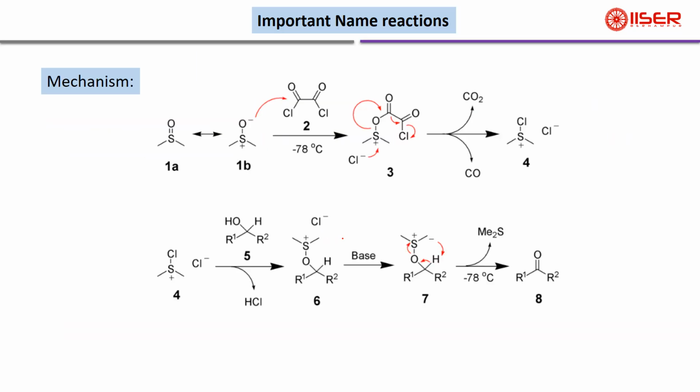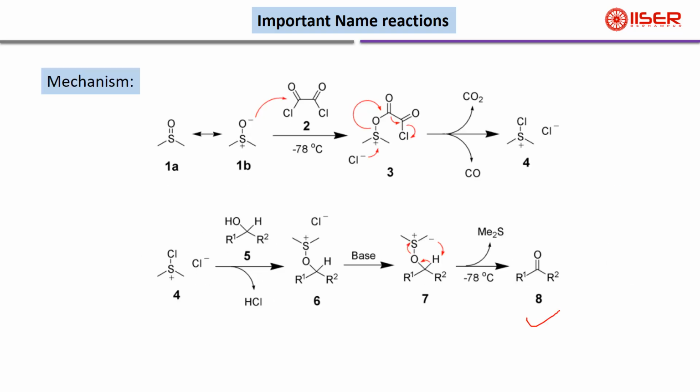So this is the mechanism where DMSO will attack this oxalyl chloride, forming this intermediate 3. After that, through carbon dioxide elimination, it will form intermediate 4. Then it will react with our alcohol, and through again alpha hydrogen elimination, it will form this ketone.